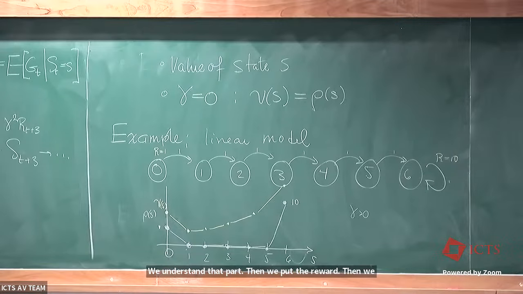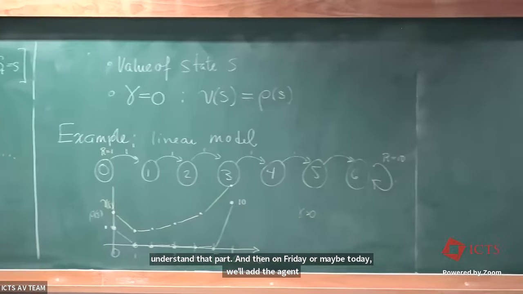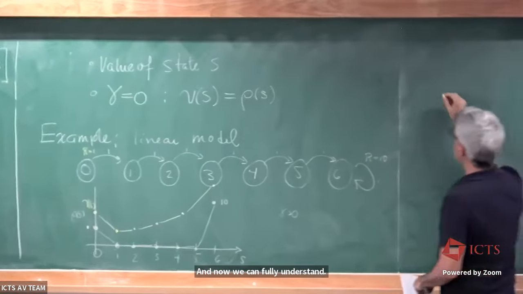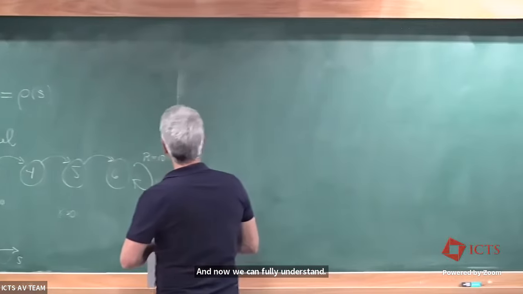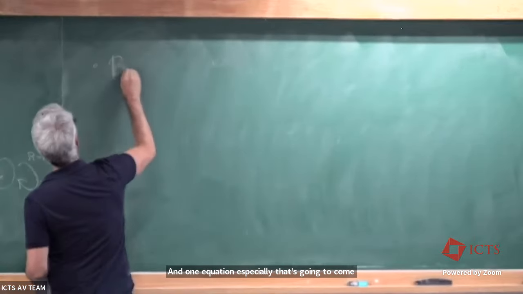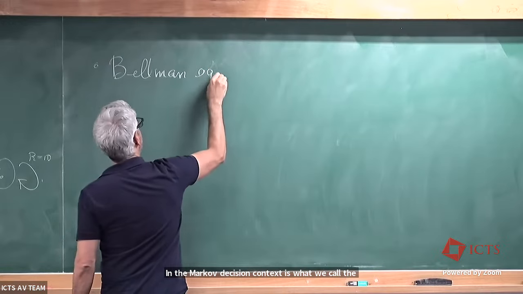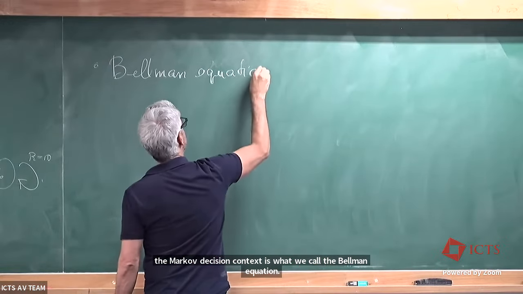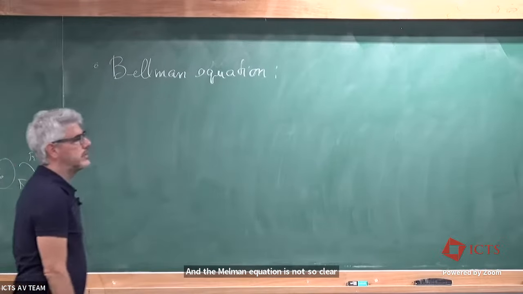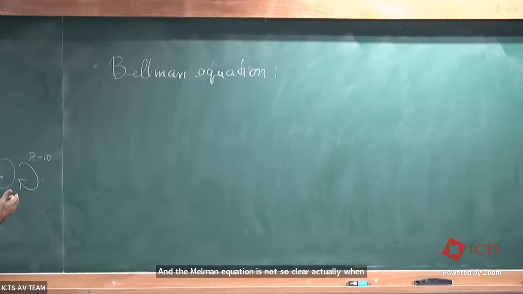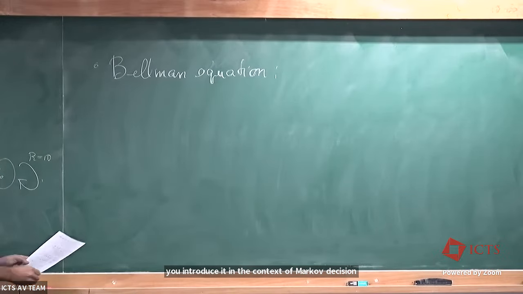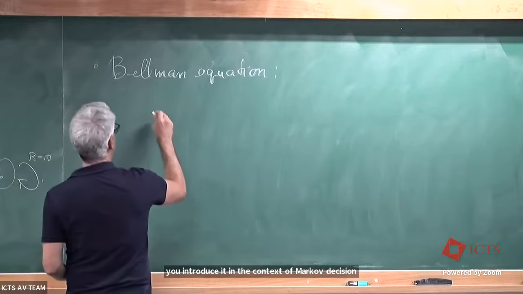And then on Friday or maybe today, we'll add the agent, and now we can fully understand. And one equation, especially that's going to come in the Markov decision context, is what we call the Bellman equation. The Bellman equation is not so clear actually when you introduce it in the context of Markov decision process, but it's very easy to understand in the context of Markov reward process. And that's the following equation.